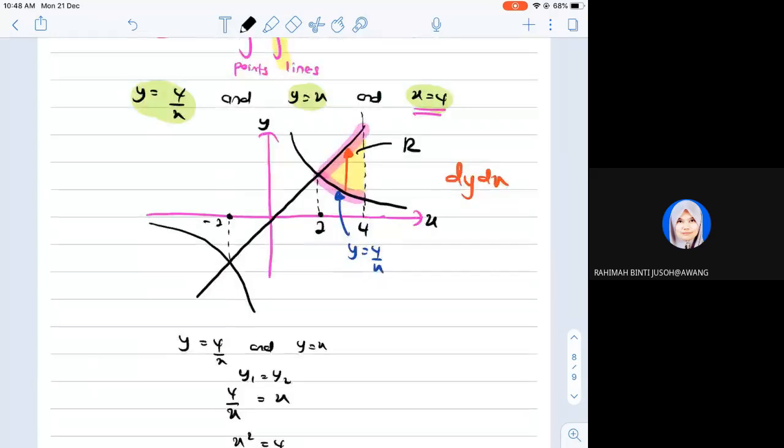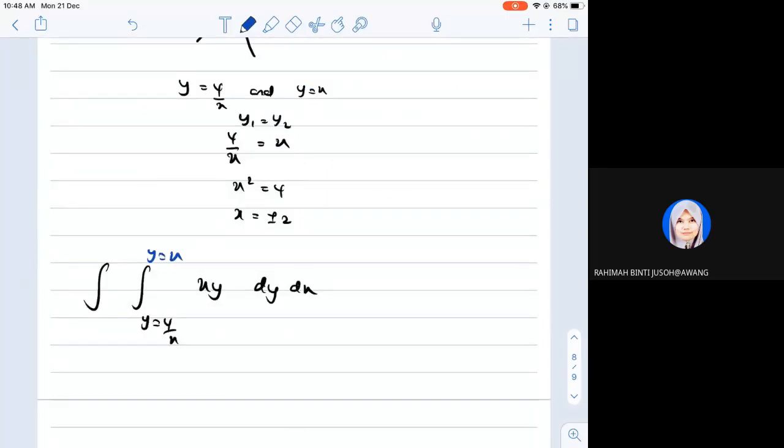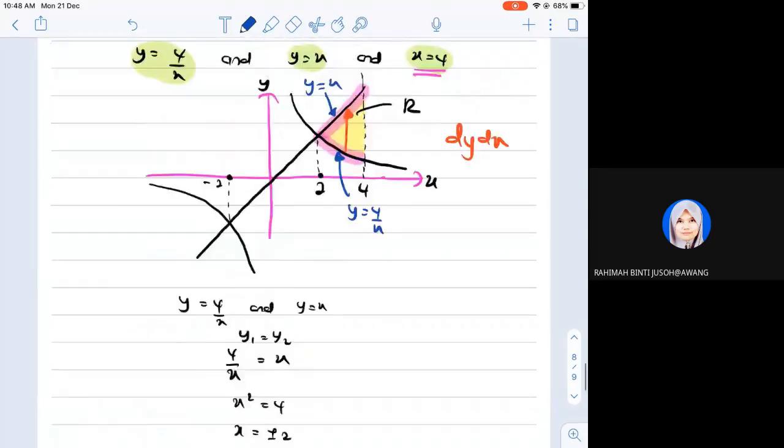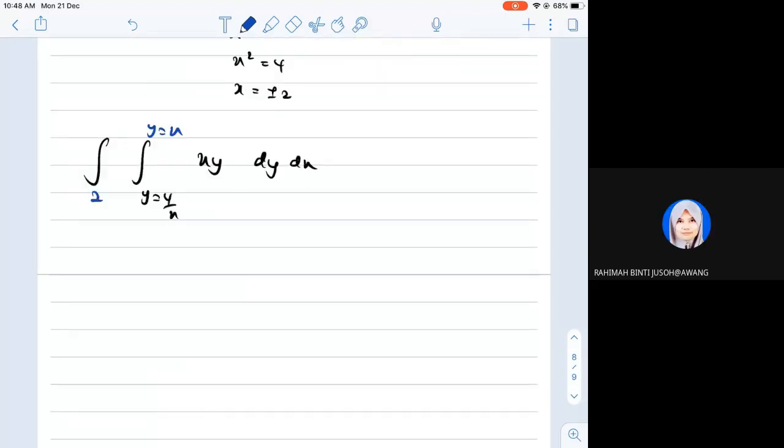And the upper line here, this line is y equals x. And then how about x, limit of x from where to where? The points now. Yes, from 2 until 4.